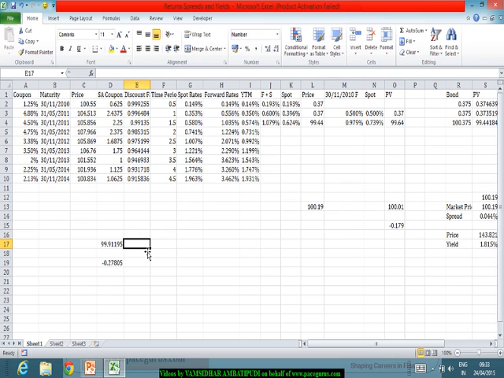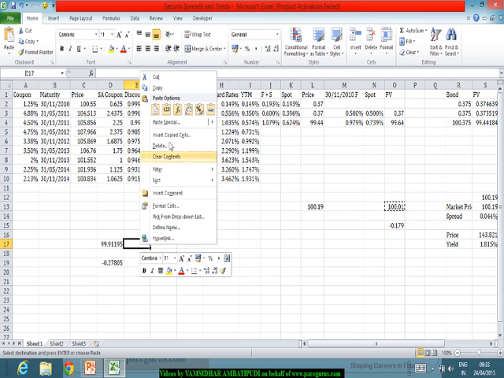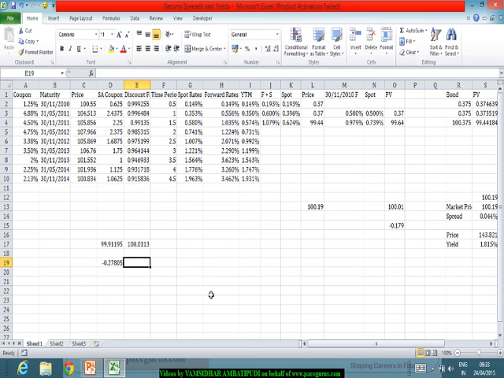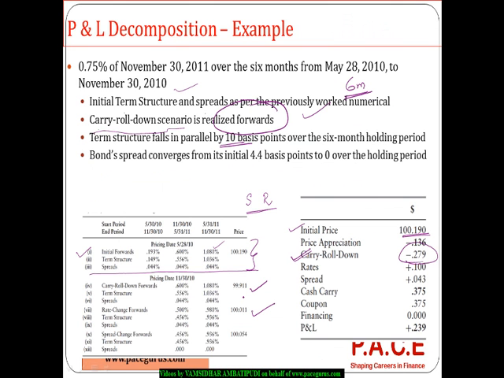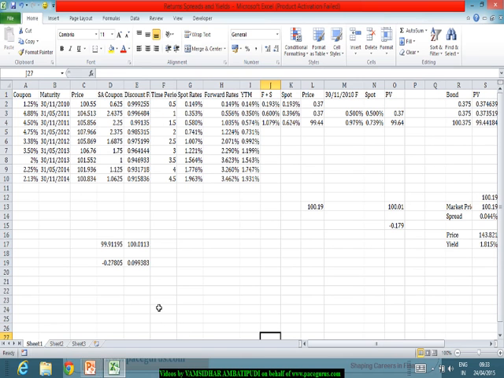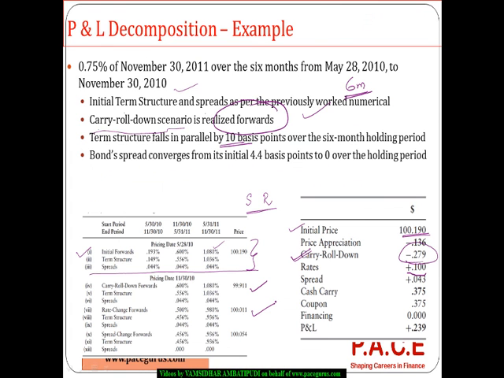Earlier it was 99.91. Now it has become 100.01, and because of this there is an increase, to the extent of 0.099. The increase is to the extent of 0.10 or 0.099 depending on the rounding off that we are doing. So that is because of the rate change. The rate change has actually given a positive value here.